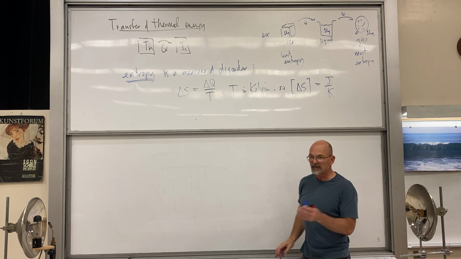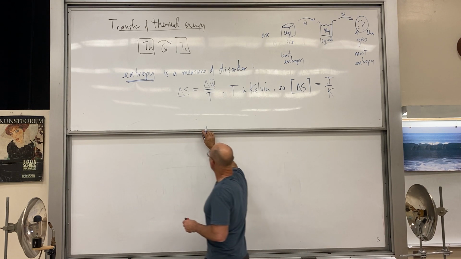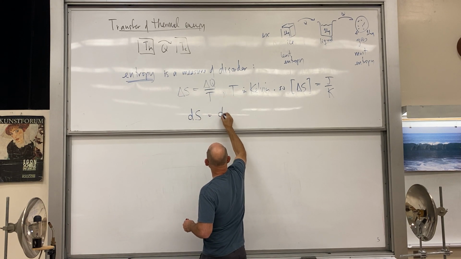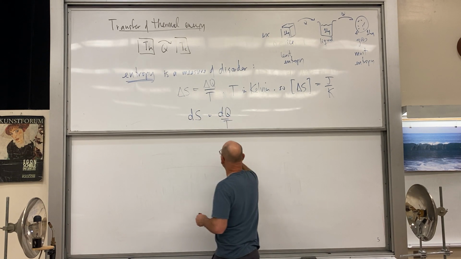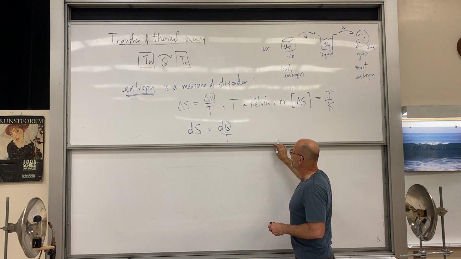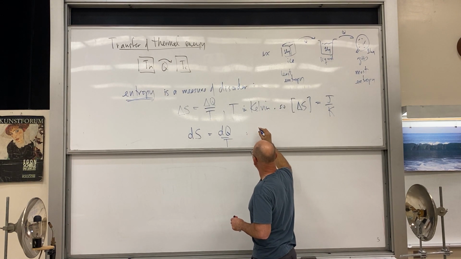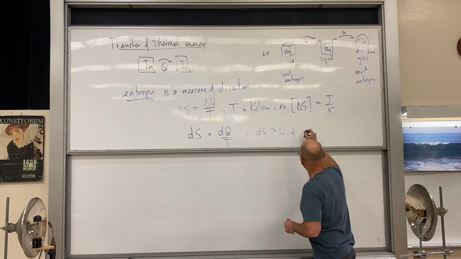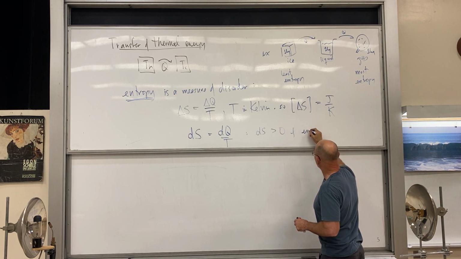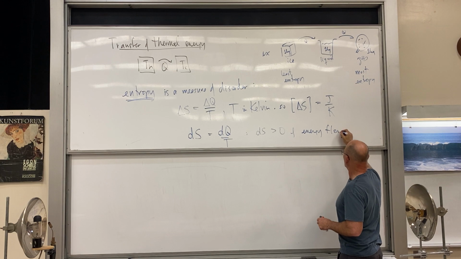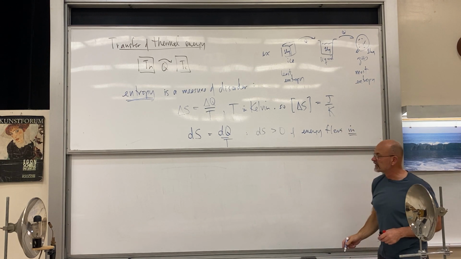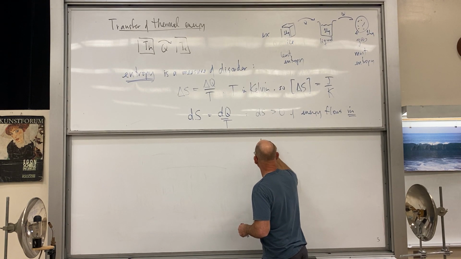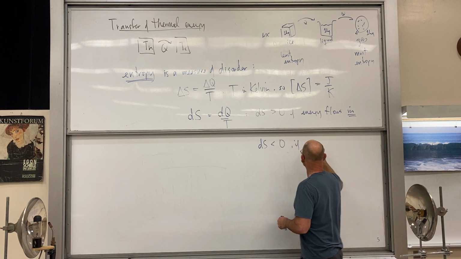I'm leaving out some technical details, by the way, but we can also write this as dS equals dQ over T. And in both cases, dS is greater than 0 if energy flows into a substance, and dS is less than 0 if energy flows out.